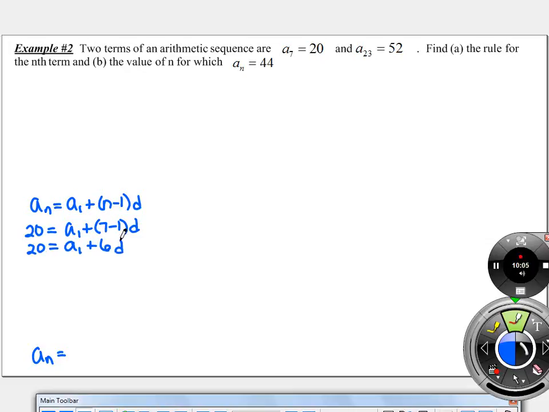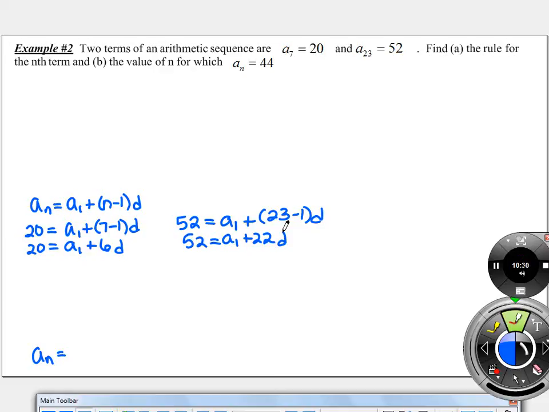Yeah. And then I did the same thing with the other one, and then once I got that down to two variables, I used the system of equations to solve the two variables, and then I solved for D and A1.